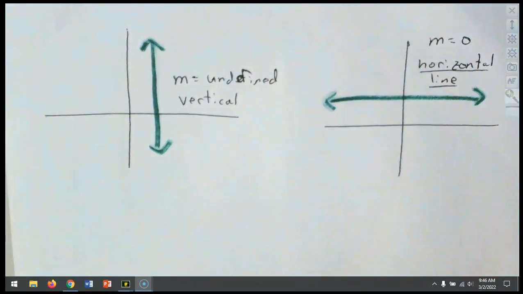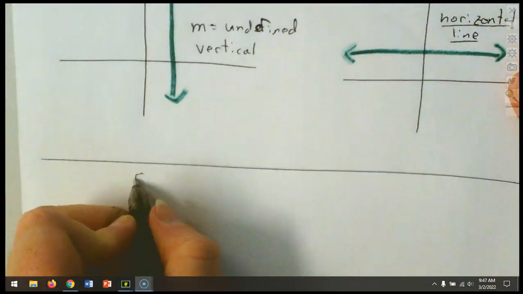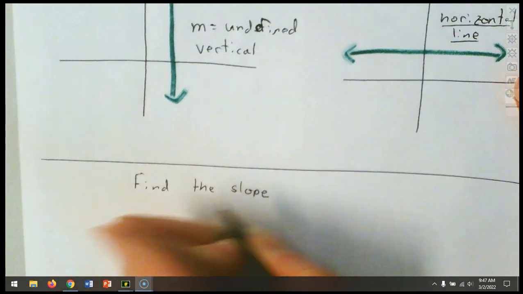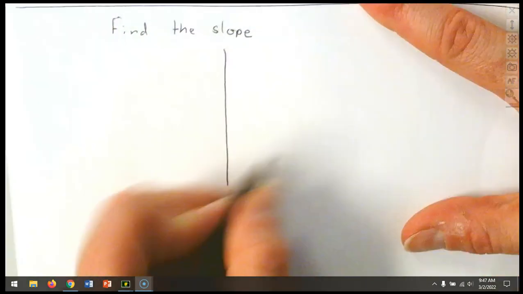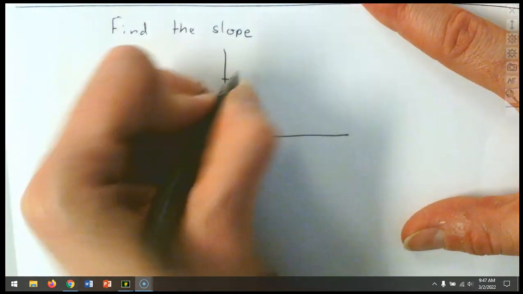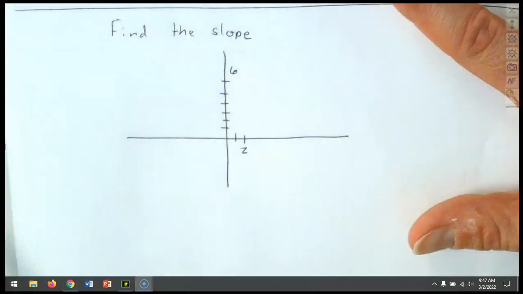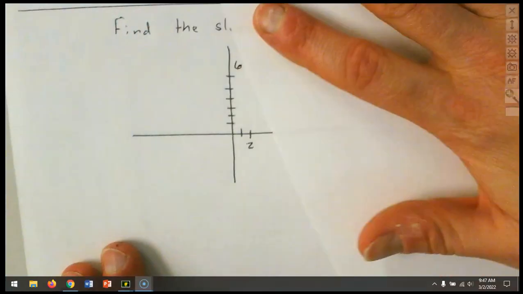Now I'm going to give you a line, and you're going to find the slope of this line. So I'm going to give you a line here, and we're going to find the slope.